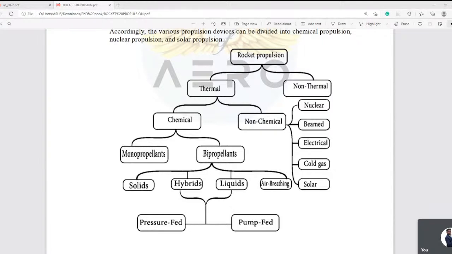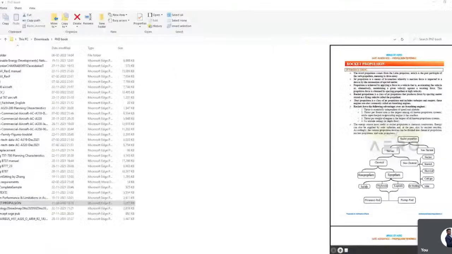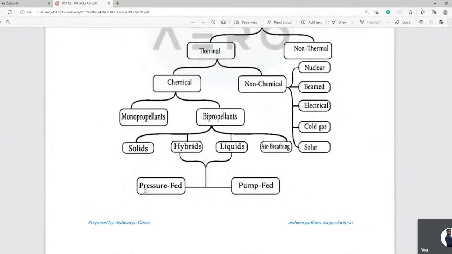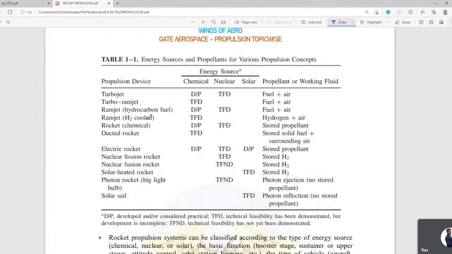Right. Now I will give you the glimpse of what you have to study from rocket propulsion. And no doubt this is again another very, very important topic. First is to understand the classifications, the types: you have a pressure feed system, pump feed systems. Here again, like previously I said, there are many different engines, like the ramjet engine, so they might ask whose specific impulse is going to be more compared with the other one.